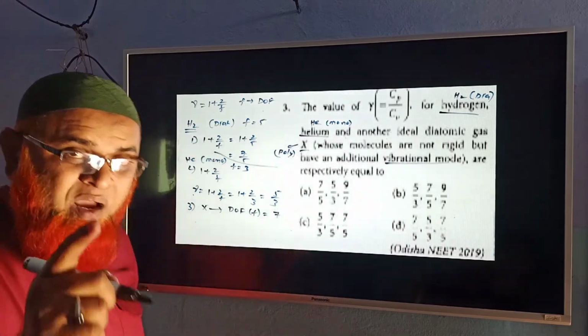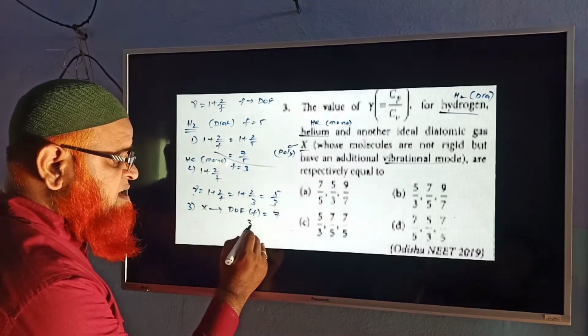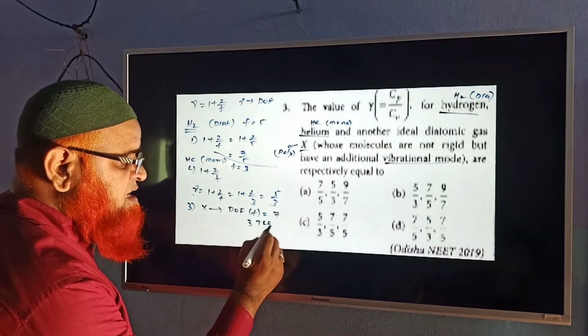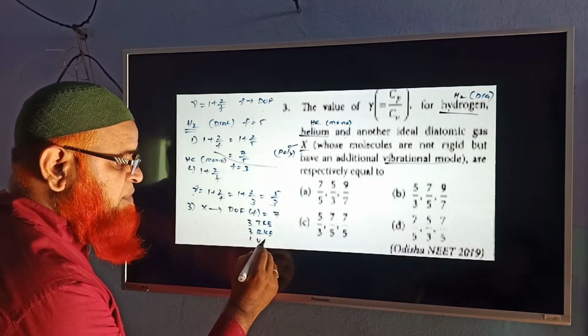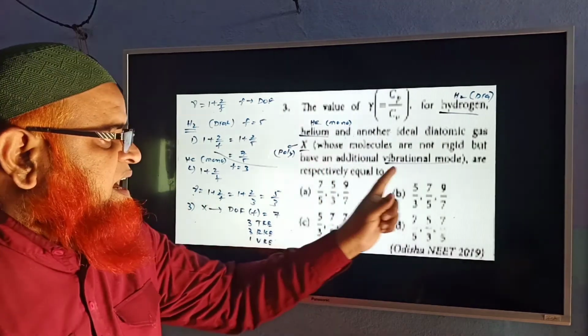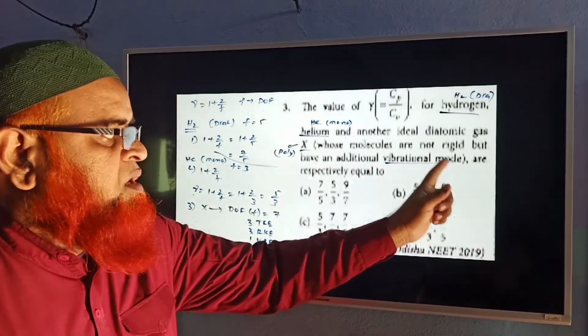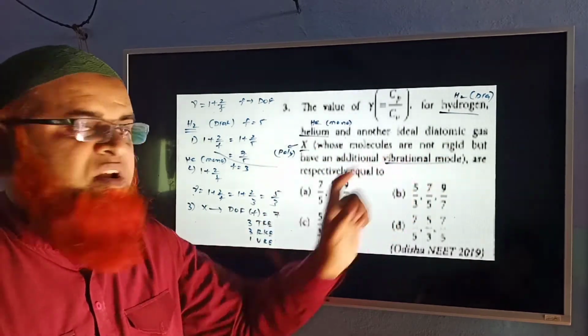Why 7? Because it has 3 translational kinetic energies, 3 rotational kinetic energies, and 1 vibrational kinetic energy. One is extra here. So X has a vibrational mode also, whose molecules are not rigid but have additional vibrational modes.